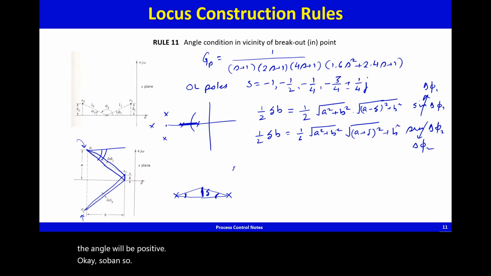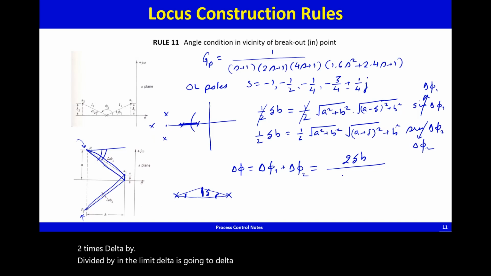Change in angle delta phi is equal to delta phi 1 plus delta phi 2. Adding it up, this is going to be 2 times delta b divided by a square plus b square, in the limit where delta square can be ignored.